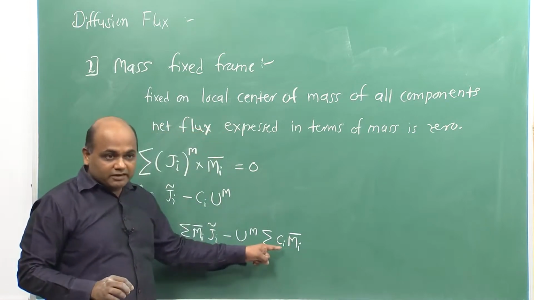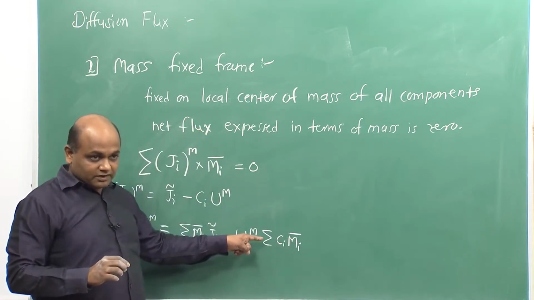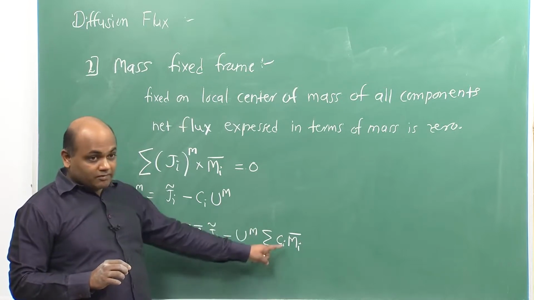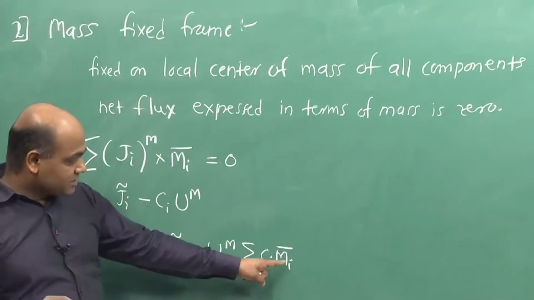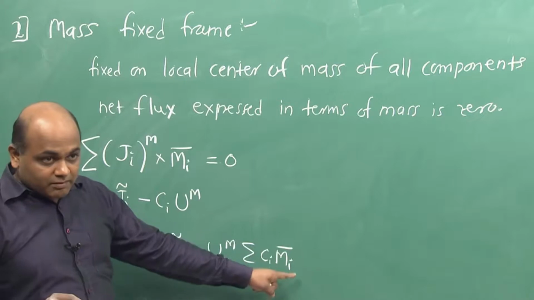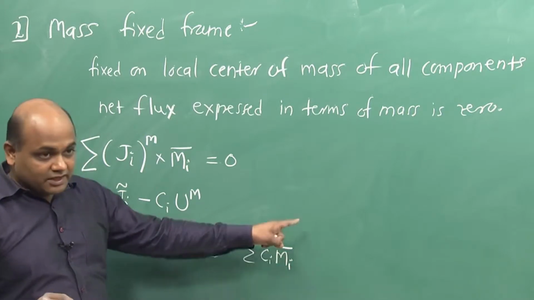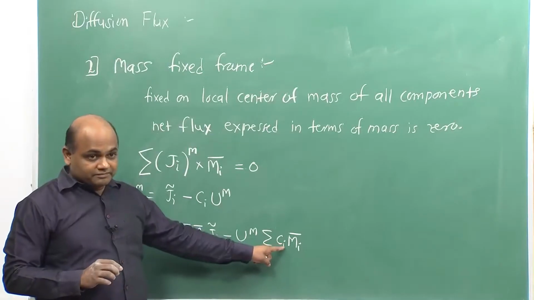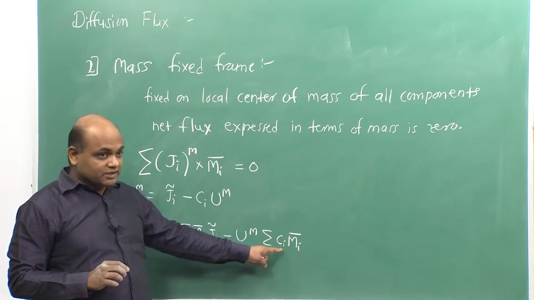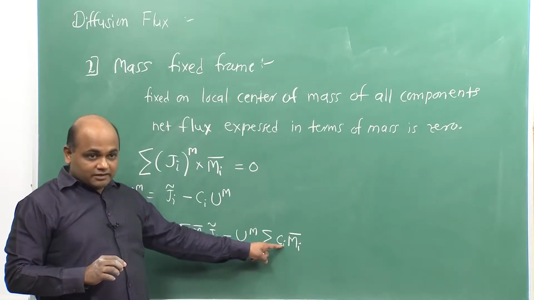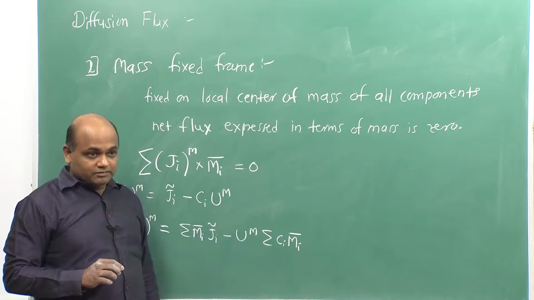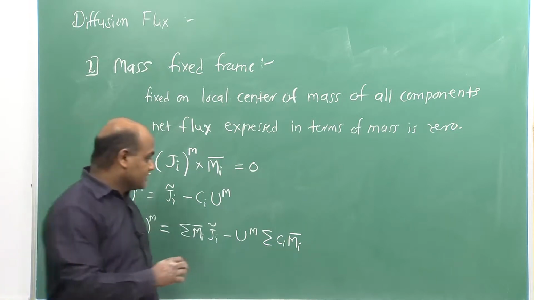What is C I m I bar? Here is mole of I per meter cube of alloy times kg of I per mole of I. So, this is basically kg of I per meter cube of alloy, right, and so the summation will be kg per meter cube of alloy, which is the density.